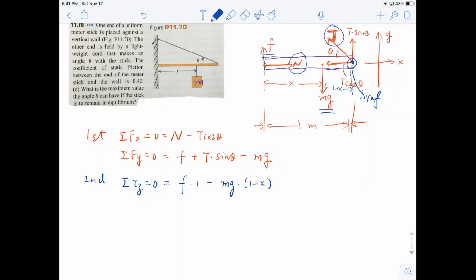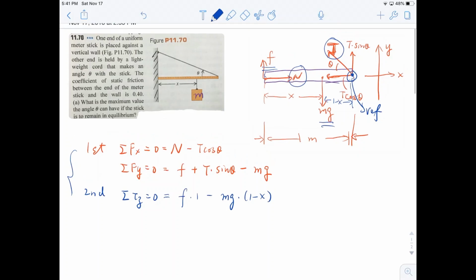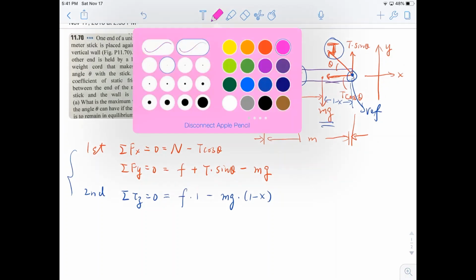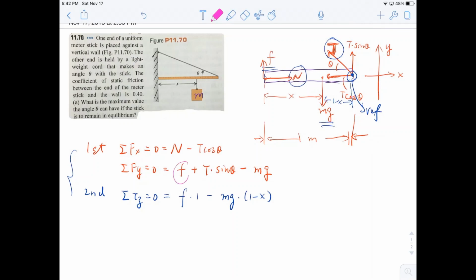So these are the conditions that we need to meet, and we have three equations. How many unknowns do we have? The friction force is an unknown, the tension is an unknown, and also the normal force is an unknown.